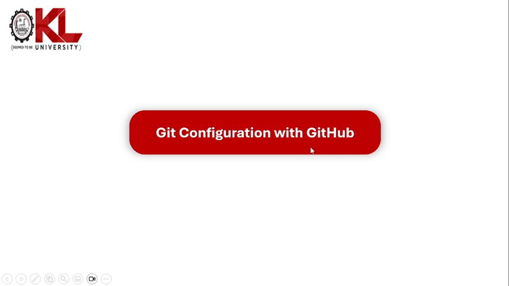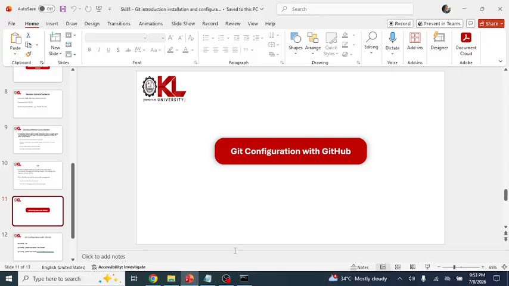If you want to use a distributed version control system, we need to configure the local environment with the remote environment. For that purpose, we need to open the command prompt.